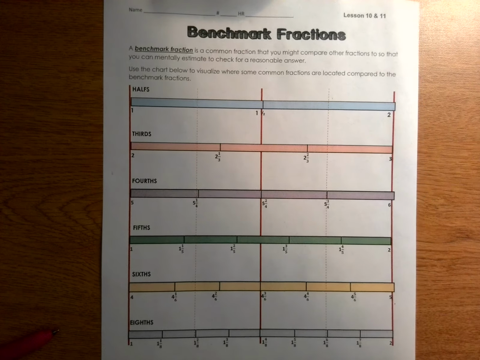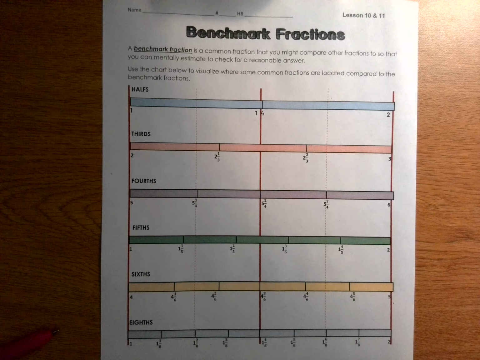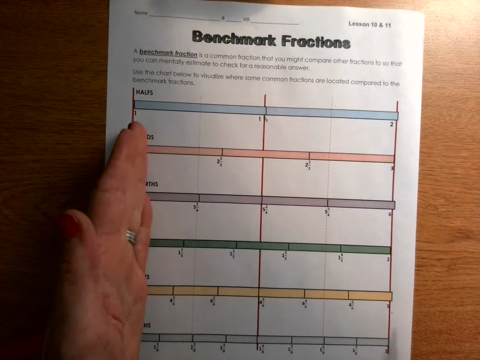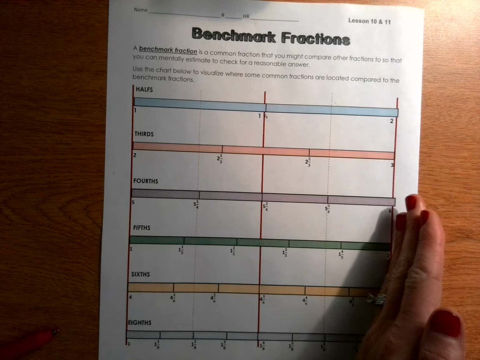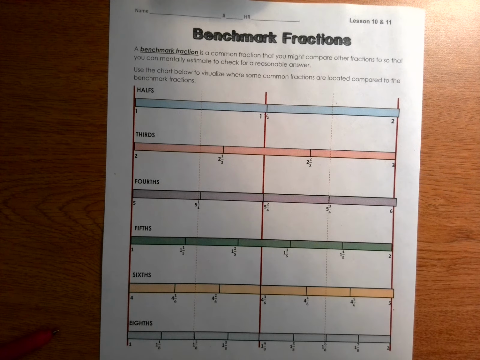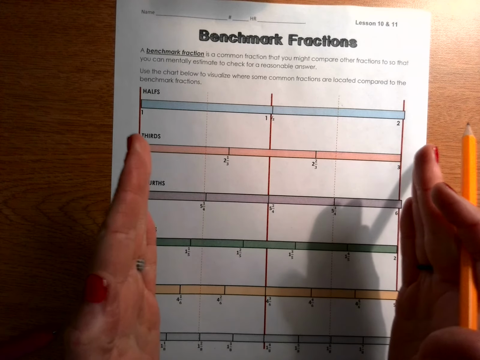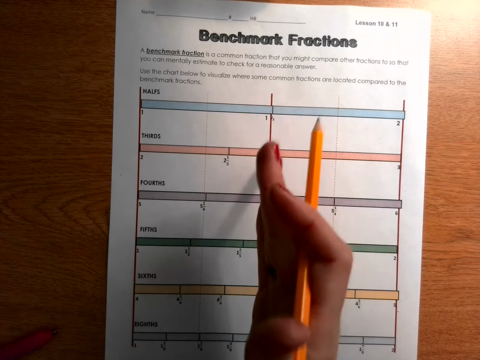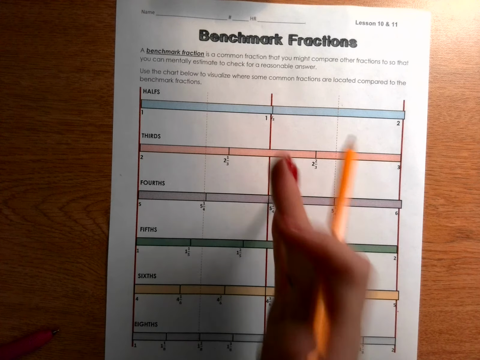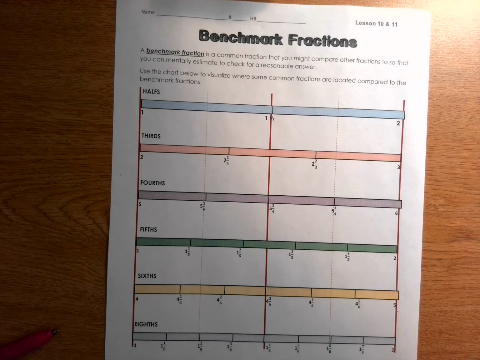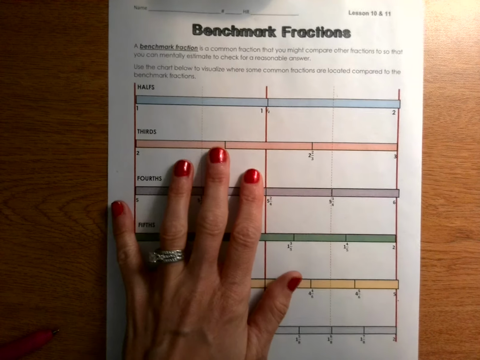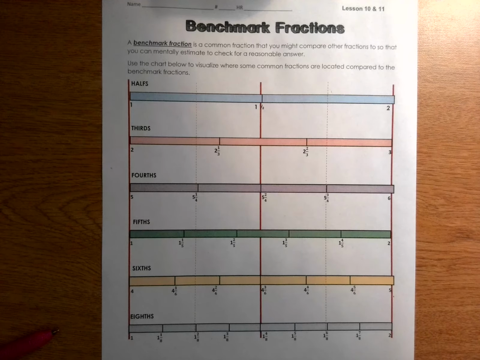This is going to help us start our thinking on how we can use benchmarks to estimate, but really we should be able to have any fraction and be able to estimate that to the nearest whole, half, or whole. So the difference between whole numbers and decimals, where we estimated to the nearest wholes, is that now with fractions we are also going to think about that half line if it's ever closer to the half line. So let's do a few practice problems with this, and this is linked, so you should be able to pull this up.